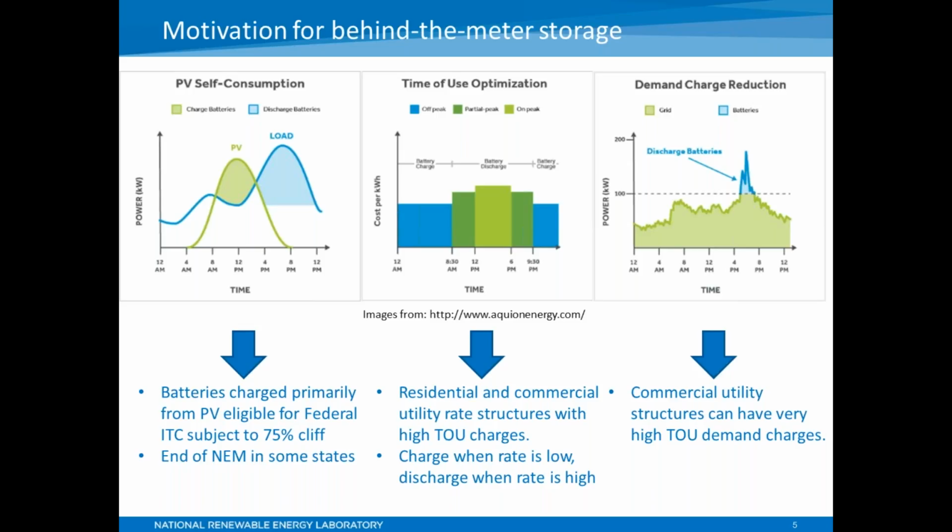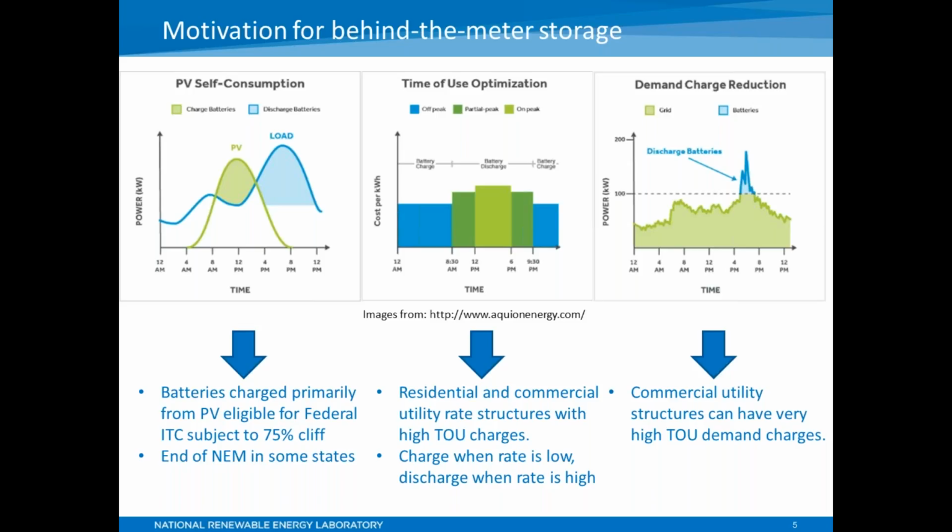Basically here, the idea is there might be certain situations where you want to try and locally consume as much of the PV power that you produce as possible. The reason for that could be that you're trying to capture a federal incentive on your battery system. Those incentives typically require that you charge the battery a certain percent from the PV array.